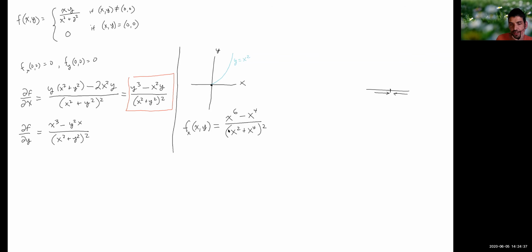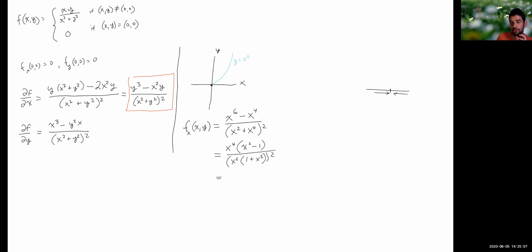All right, let's do a little bit of algebra. Remember, my goal is to see what's the limit of this function as x goes to 0, because that's also making y go to 0 because we're following this path to the origin. The top can be written as x to the 4th times x squared minus 1. The bottom, I can factor out an x squared, so I get x squared times 1 plus x squared, and this whole thing is squared.